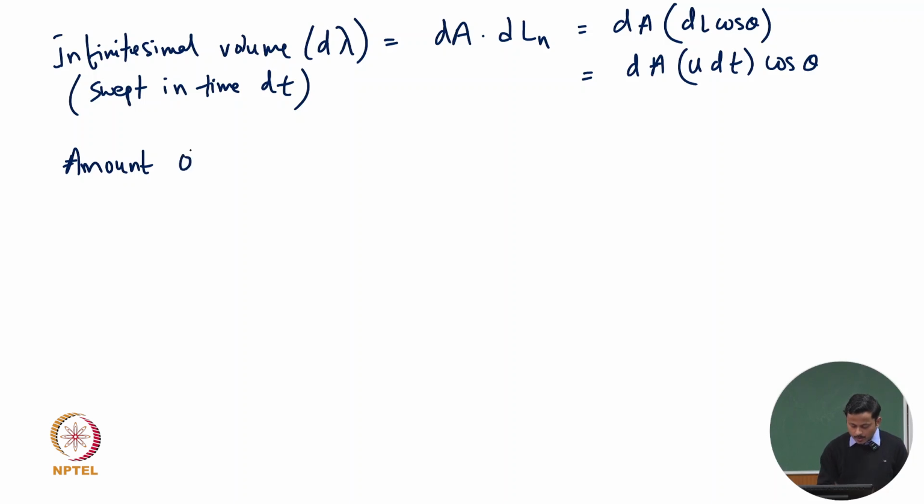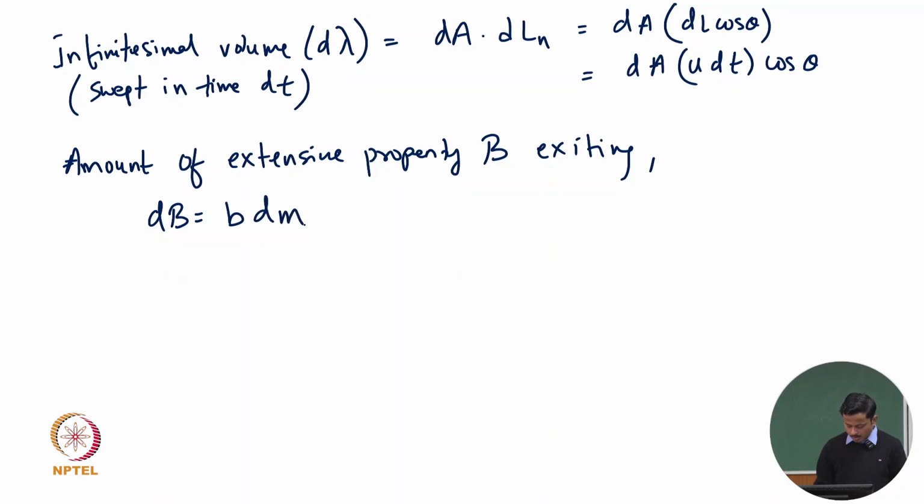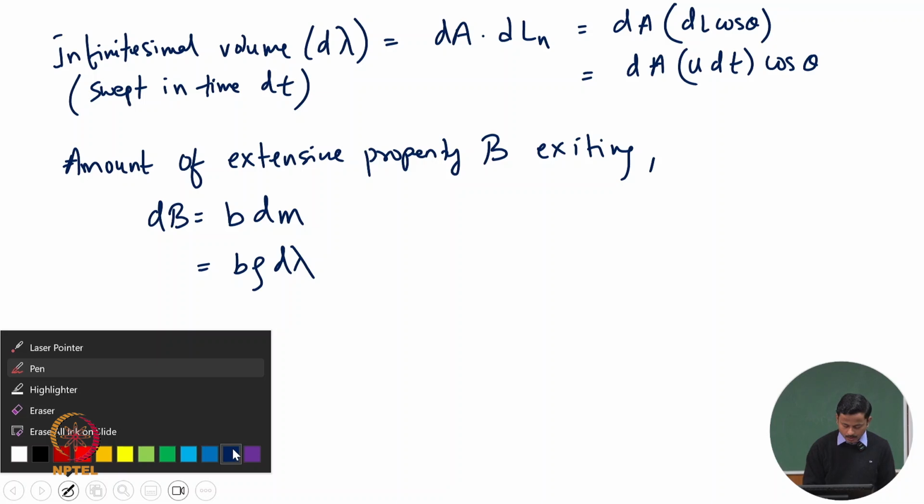So the amount of extensive property B now exiting is dB equal to b times dm equal to b rho d lambda. Now I have to define these variables, whatever I have written down.